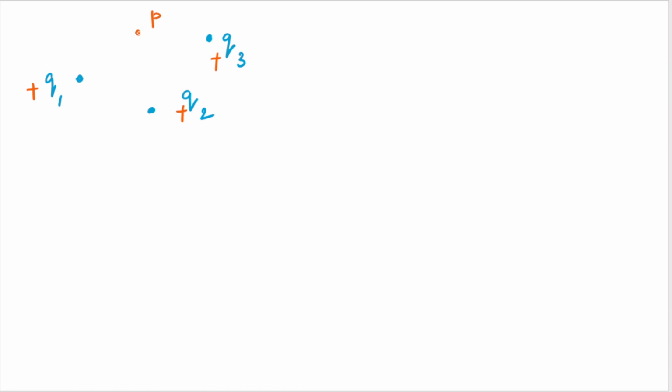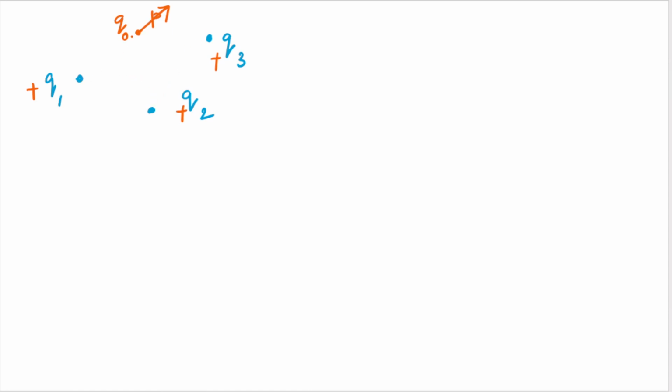So Q1 generates an electric field in this direction. How do I know it is in this direction? It is easy, because if I were to place a test charge Q0, since the test charge is positive and Q1 is positive, there is a force of repulsion as shown by this arrow.